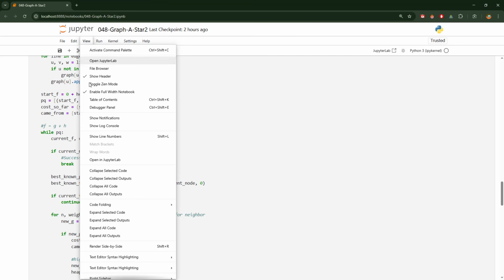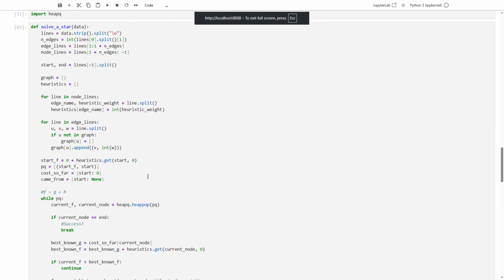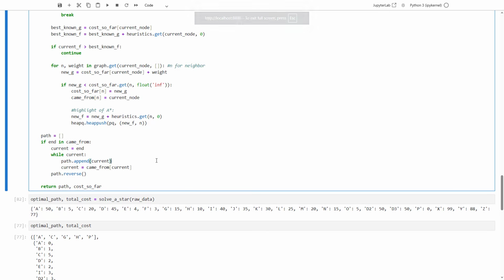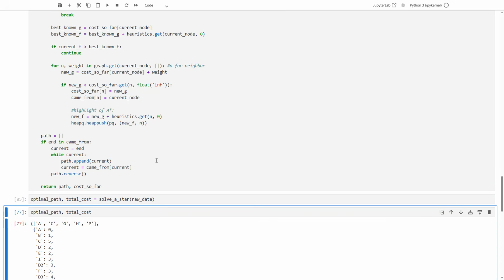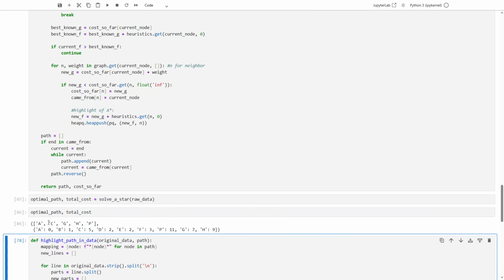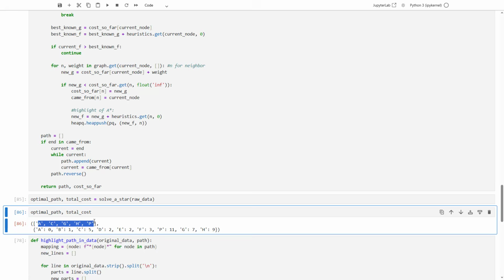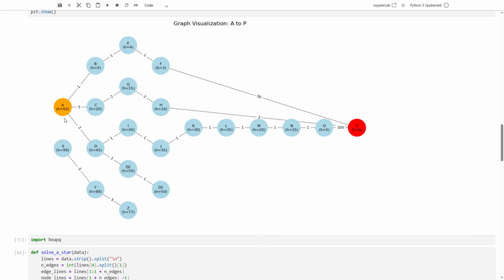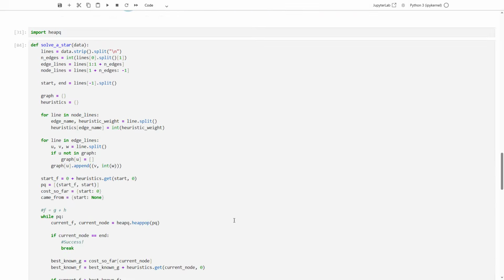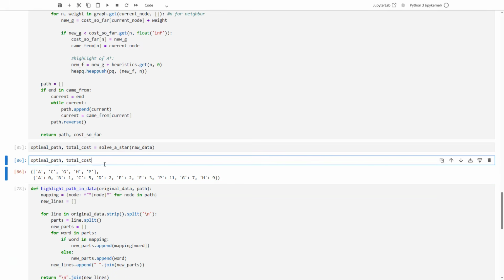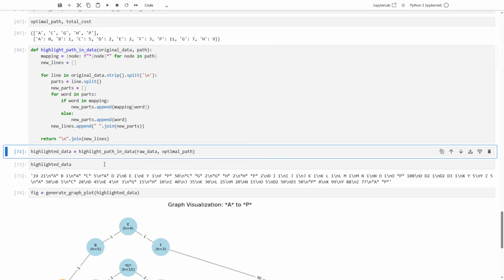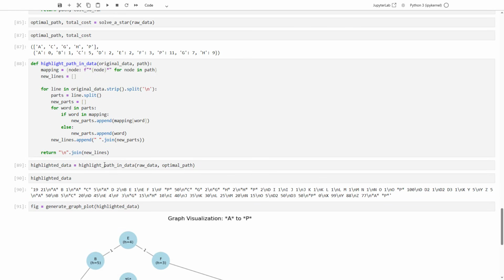I'm going to view it in Zen so it's better for the video. And now let's give it a try. Optimal path ACG HP, ACG HP. Great, this is the optimal path, even with Dijkstra, even with our beloved algorithm.